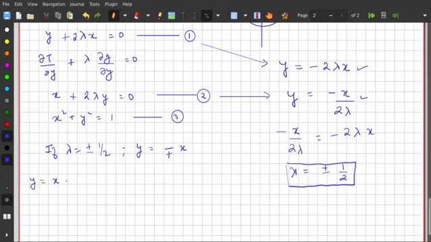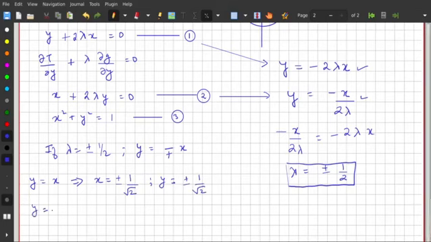For y equals x, given that x squared plus y squared equals 1, x becomes plus or minus 1 over root 2, and y becomes plus or minus 1 over root 2. Similarly, for the condition y equals minus x, x becomes minus plus 1 over root 2, and y becomes plus minus 1 over root 2.